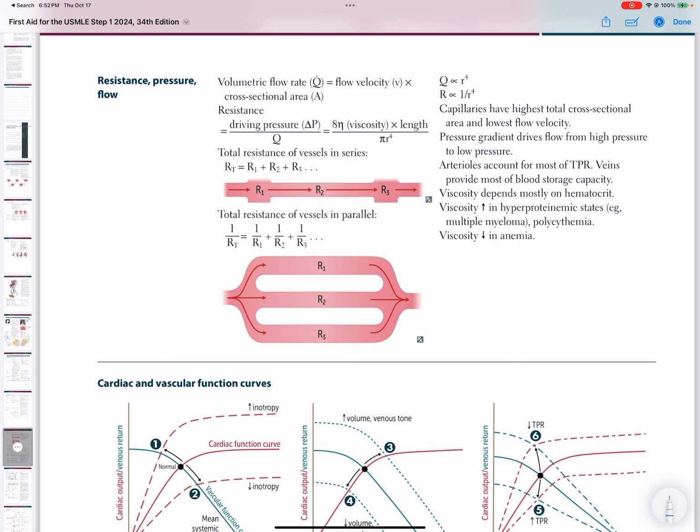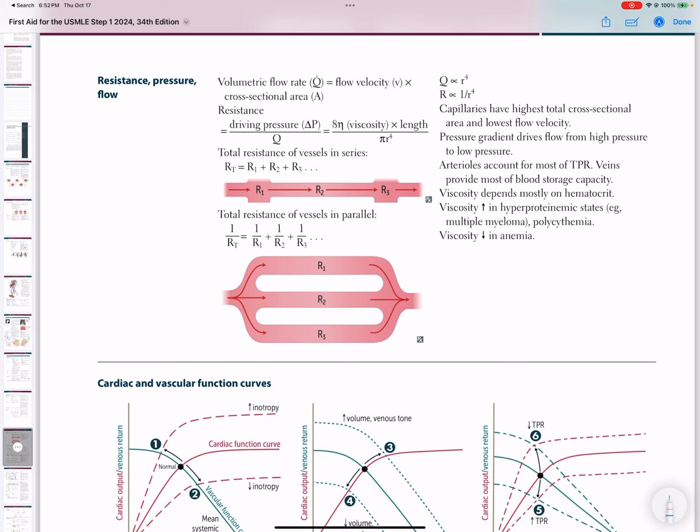So it is 8 times viscosity times length divided by pi r to the power 4. Flow is directly proportional to radius to the power of 4. Resistance is inversely proportional to radius to the power of 4.